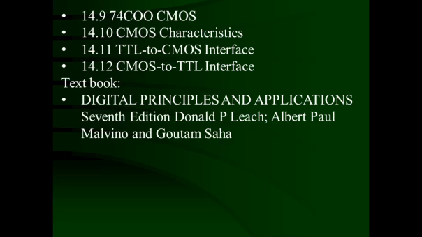In between 74 and 00, if there is a C mark, which indicates now the logic family has changed. That is CMOS logic family, which is utilizing N channel and P channel MOSFETs. 14.10 CMOS characteristics. 14.11 TTL to CMOS interface, and 14.12 CMOS to TTL interface.